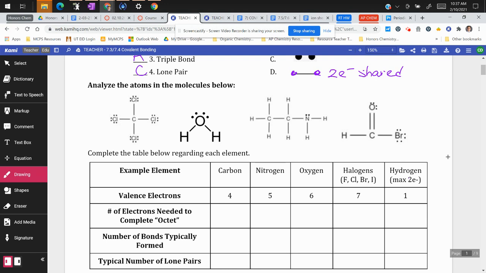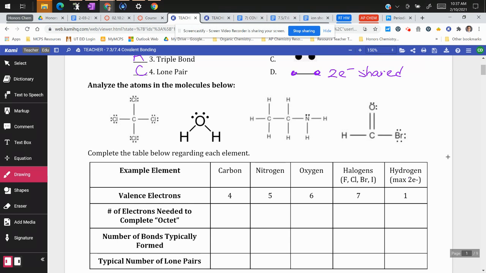Since we aren't showing the transfer of electrons in a covalent bond, but rather the sharing of electrons, we need to figure out how many more electrons a particular atom needs in order to complete its octet.